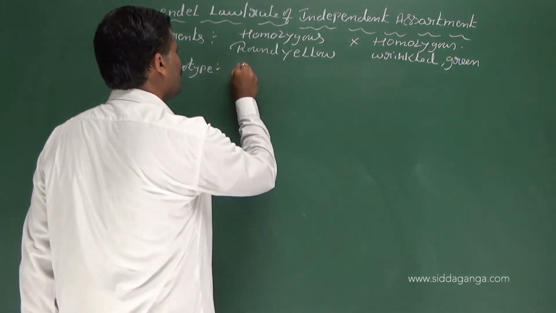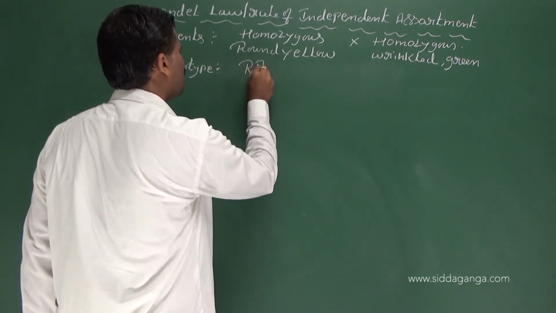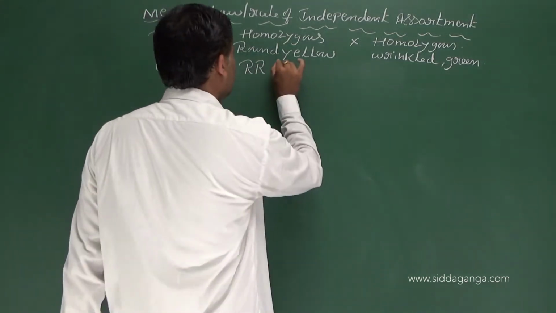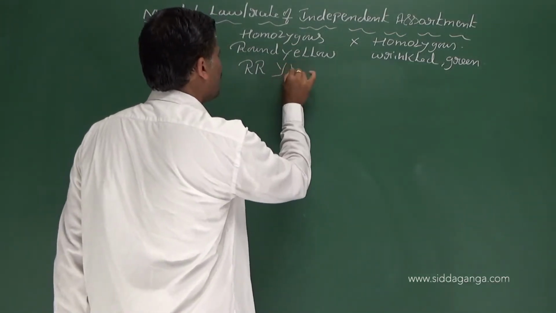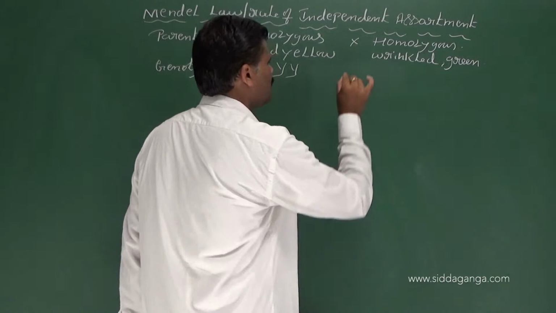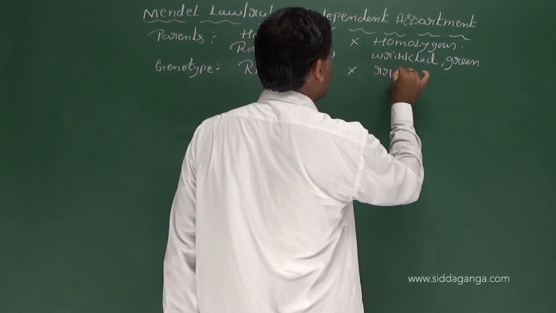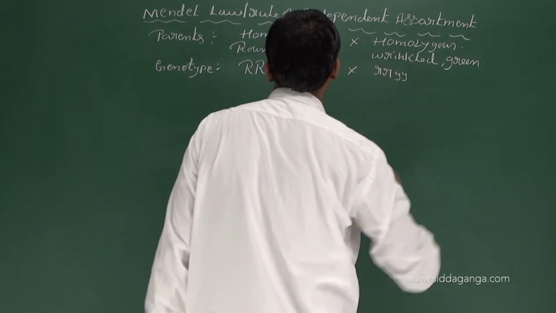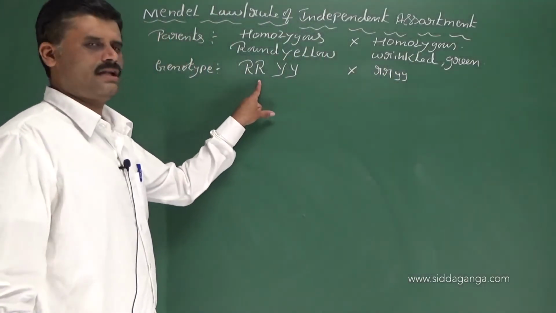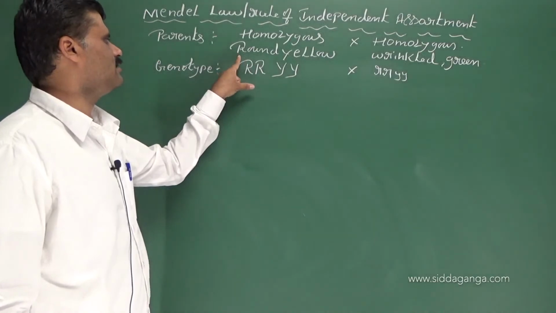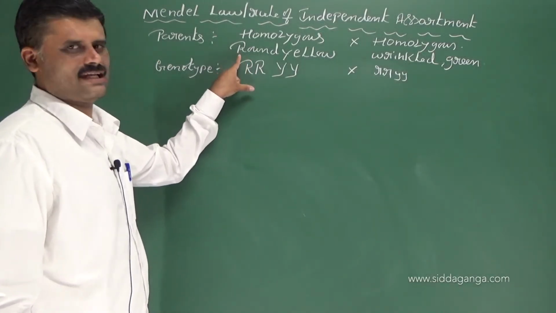So we will take capital R, since it is the dominant, then capital Y, this is the dominant, crossed with small r, small y.